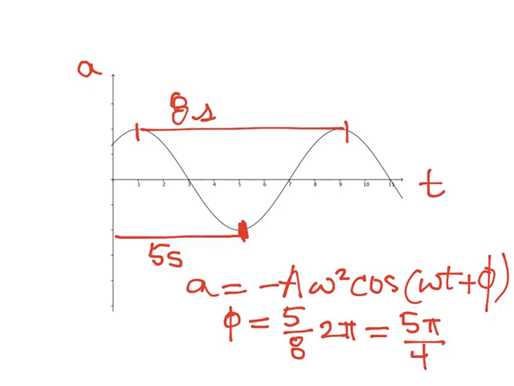And since it's shifted to the right, we have omega t, and phi is negative 5 pi over 4. Okay, if you know the unit circle, you know that is also equal to 3 pi over 4. So phi equals negative 5 pi over 4, or phi is equal to 3 pi over 4.